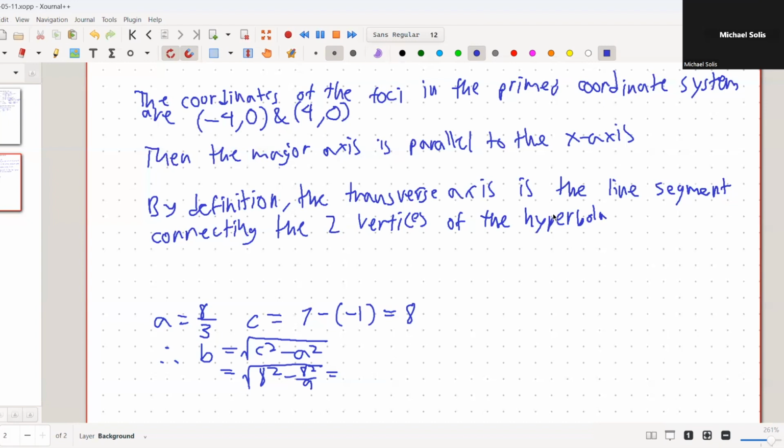Okay, now, in the prime coordinates, the vertices of the hyperbola are, what is it in terms of A?